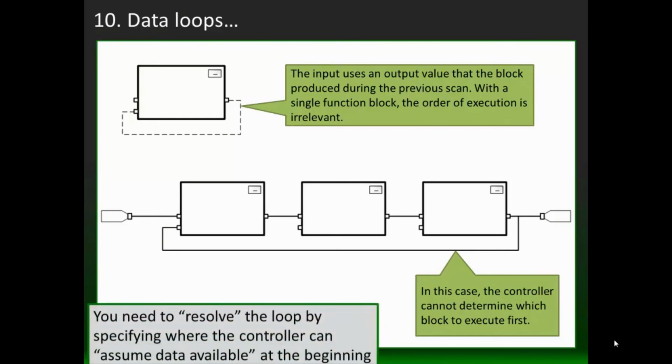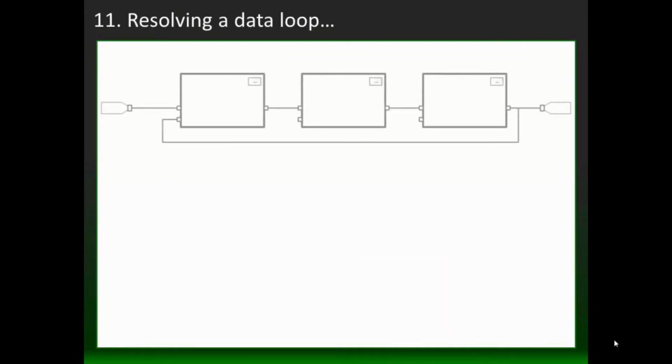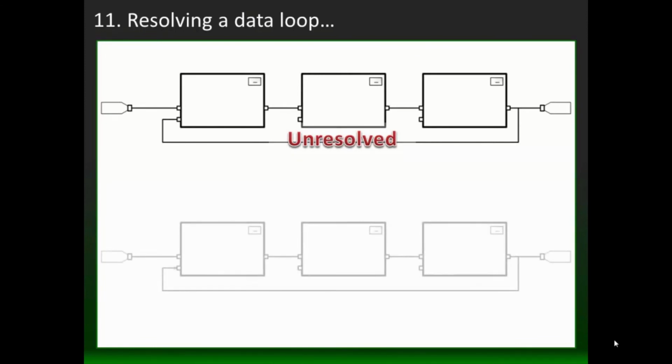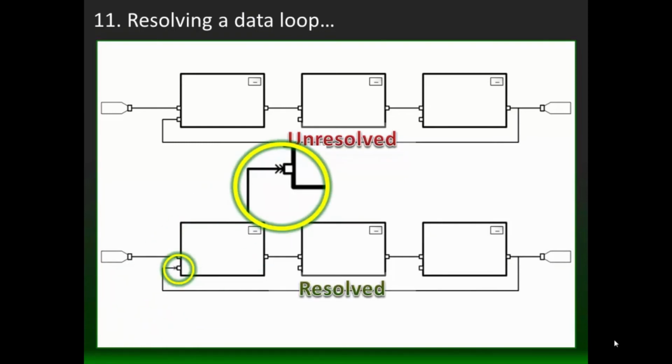Therefore, you have to resolve the loop by specifying where the controller can assume data is available at the beginning of the controller scan. This loop is unresolved. This loop is resolved, and you can see that by the little double arrow on the input of one of the blocks.